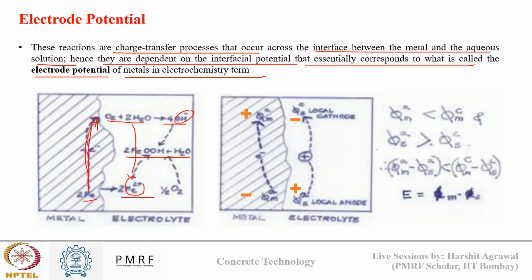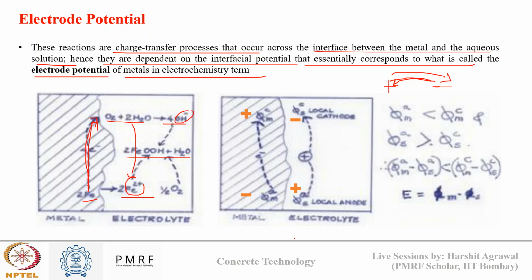We know a negative charge will move towards the positive direction, and a positive charge will move towards negative. Negative charge will move from lower potential to higher potential, and positive charge will move from higher potential to lower potential. So there should be some potential difference, then only the charged species can move from one point to another.